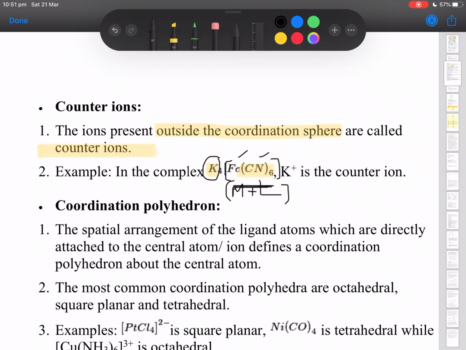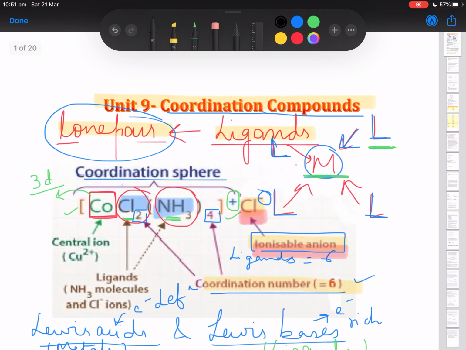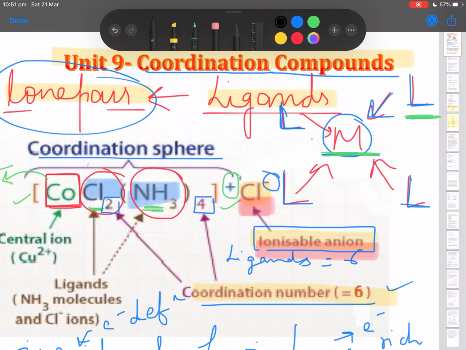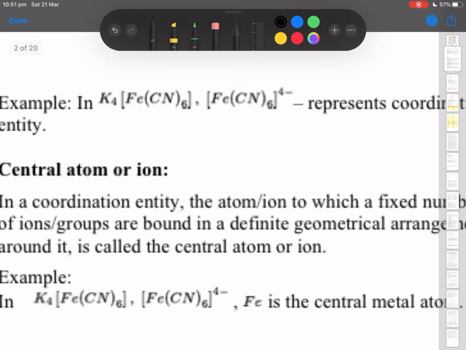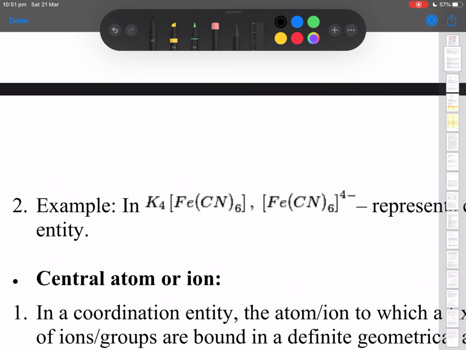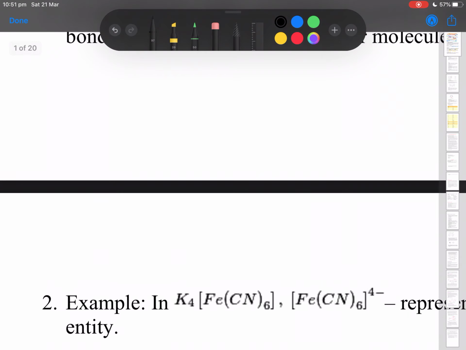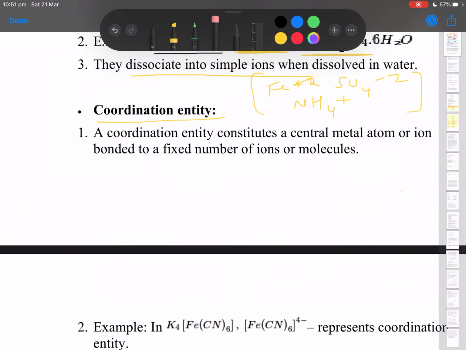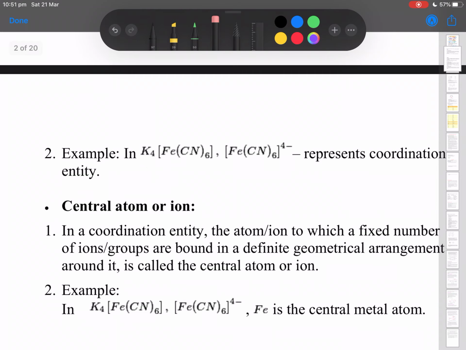You might be thinking that in the example which I discussed before, the ionizable valency was towards the right side, and here the ionizable valency went to the left. What's the difference between the two? Tell me.